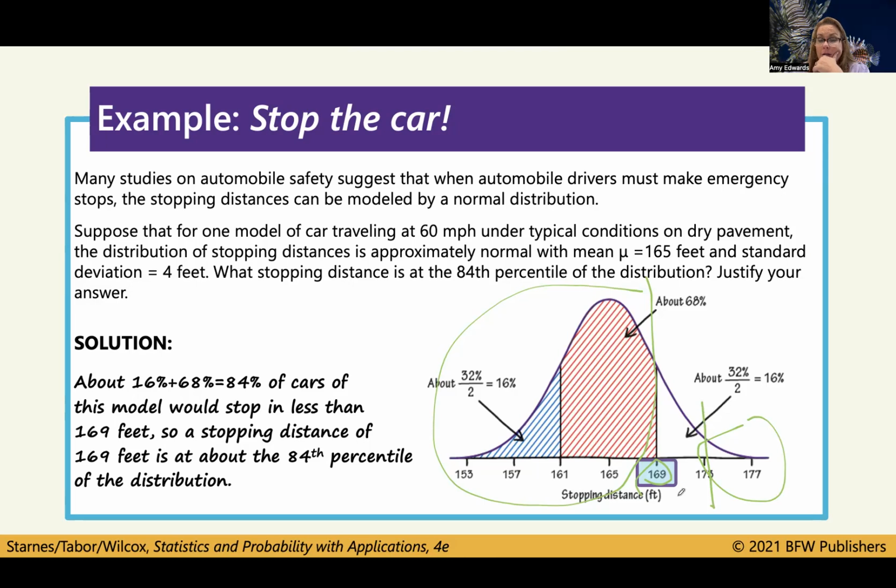Yeah, this would be at 95%, but then I need to add in this 0.25. You can then turn around and say, what is it? 97.5% would stop at 173. And then you would be able to say that 99.85% stop at 177.